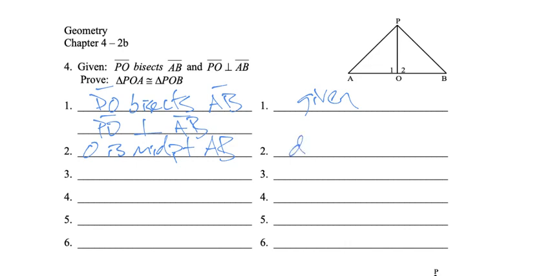That's the definition of a segment bisector. And then I know that, okay, if O is the midpoint, that would mean AO and OB are the same. And that's definition of midpoint.